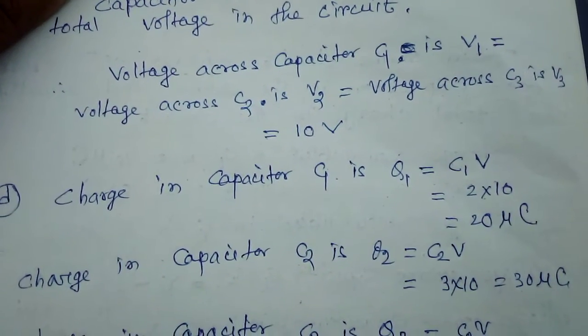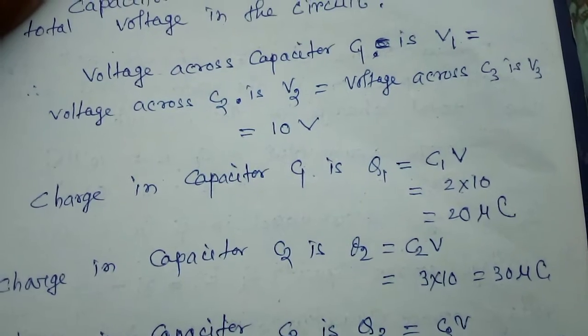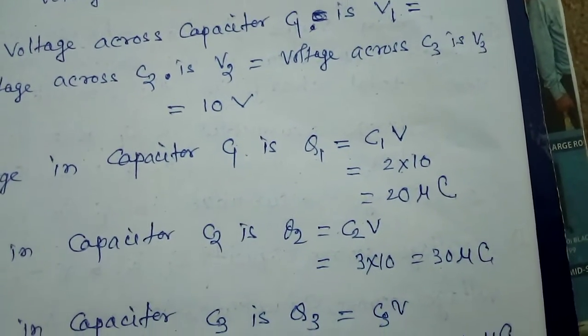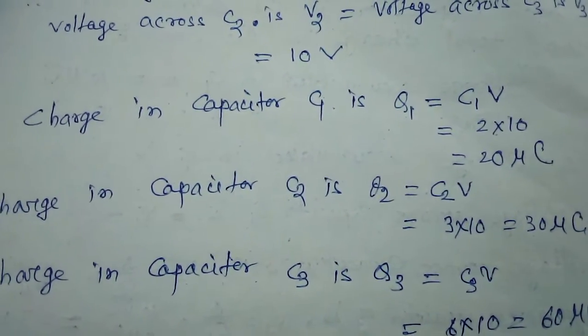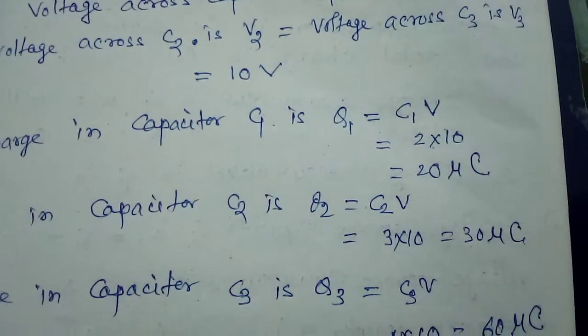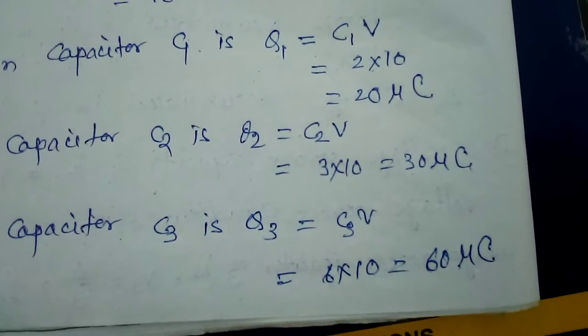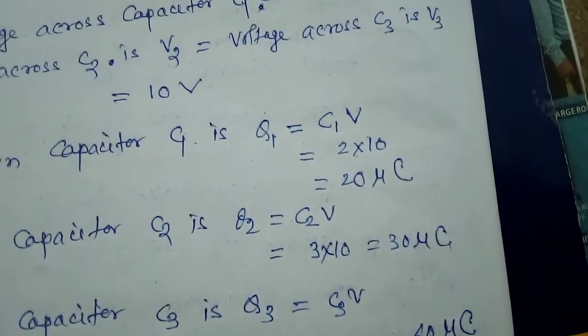Similarly, the charge in capacitor C2 is Q2 equals C2 into V. This gives 3 into 10, that is 30 microcoulomb. Similarly, charge in capacitor C3 is Q3 equals C3 into V. This gives 6 into 10, that is 60 microcoulomb.